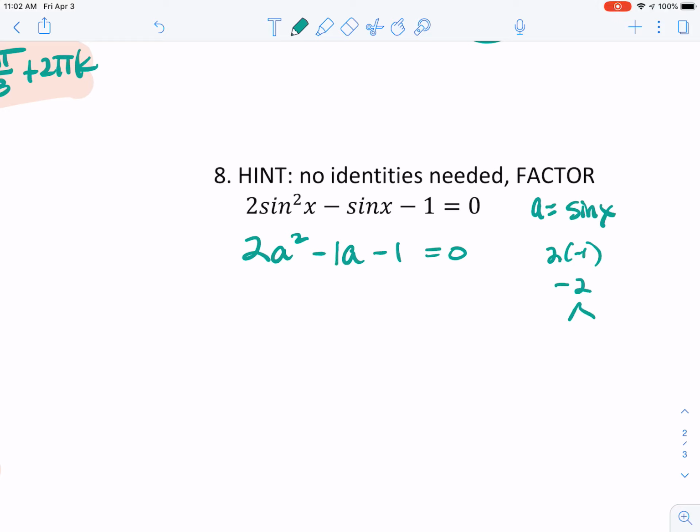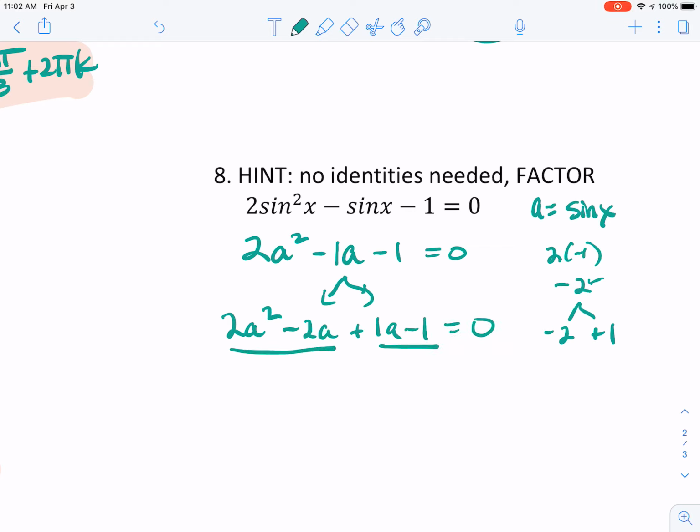So what multiplies to negative 2 and adds to negative 1? That would be negative 2 and positive 1. When I multiply them, I get negative 2, check, and when I add them, I get negative 1. So I'm going to split the middle. So you split this up, and it's 2a squared minus 2a plus 1a minus 1 equals 0.